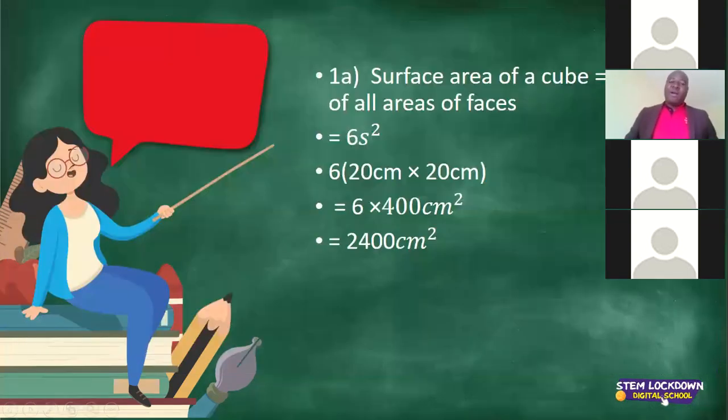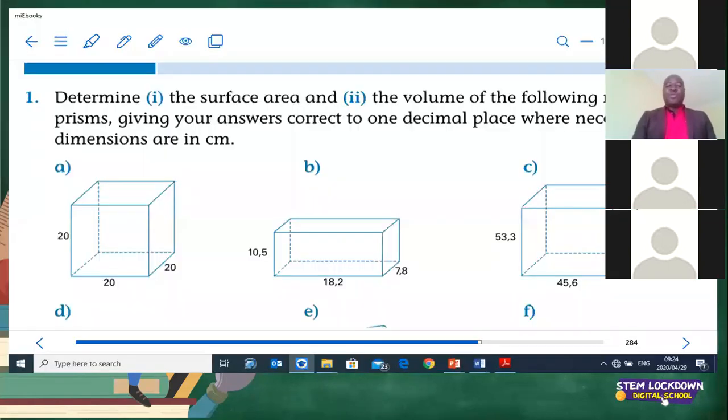The surface area of this particular cube would be 2,400 square centimeters. How did we find that? We multiplied the length by itself, so that will be 20 multiplied by 20. And thereafter, you multiply everything by 6, because there are 6 sides or 6 faces of this cube.